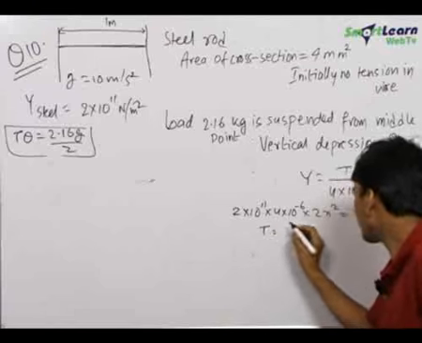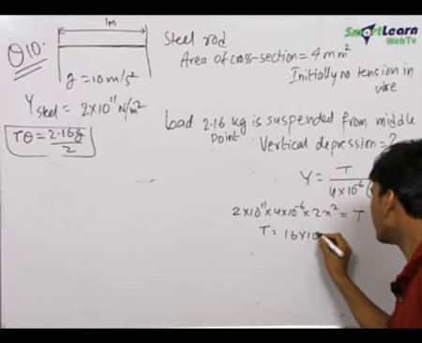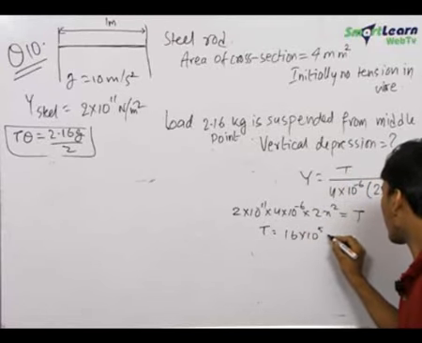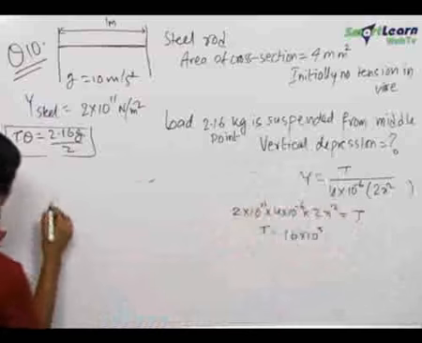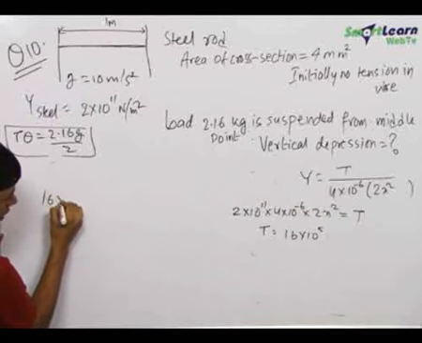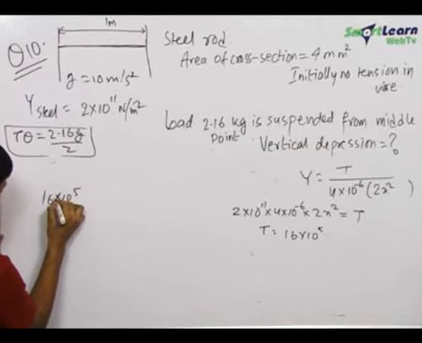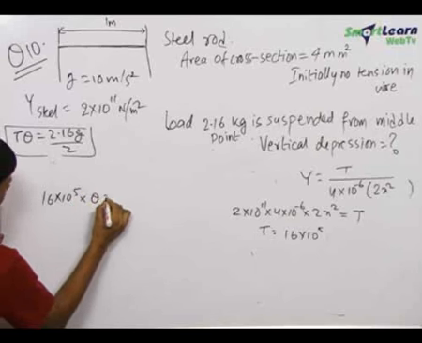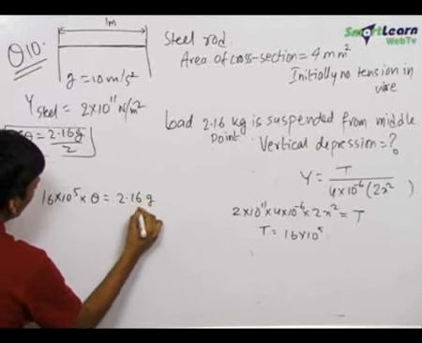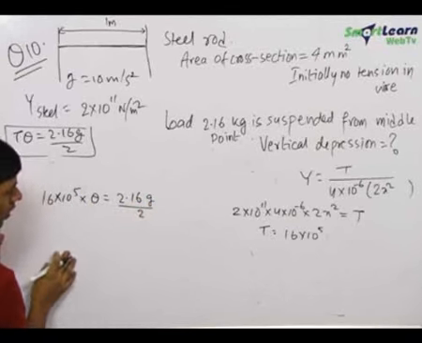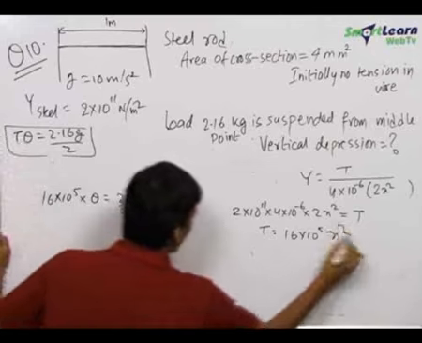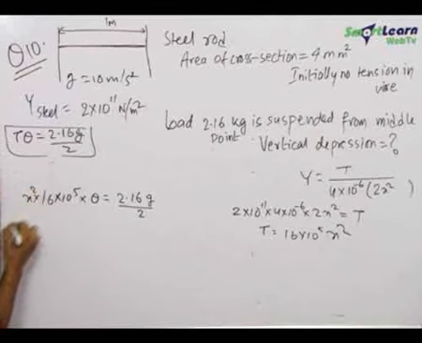T is equal to 16 into 10 raised to the power 5 into x square. Therefore, 16 into 10 raised to the power 5 x square into theta is equal to 2.16 g upon 2.